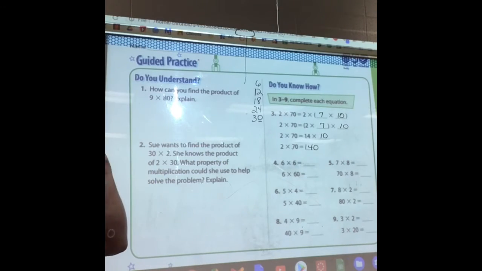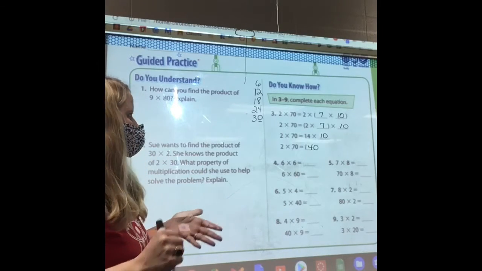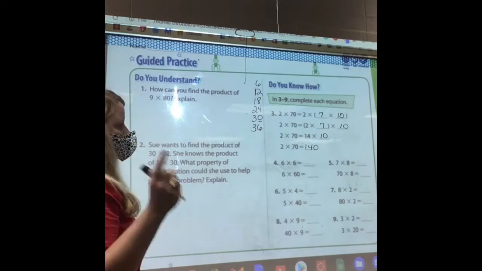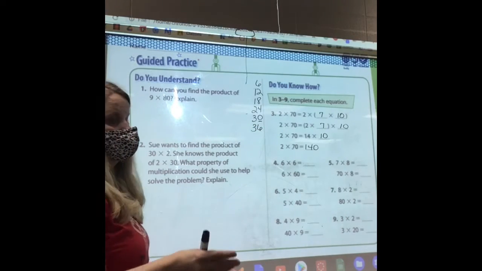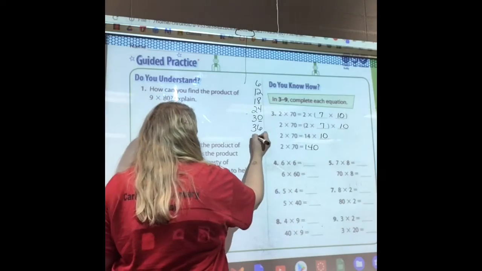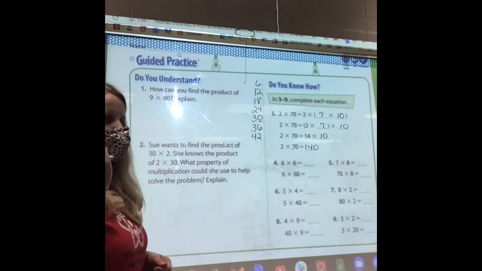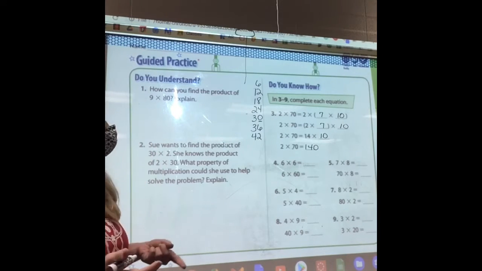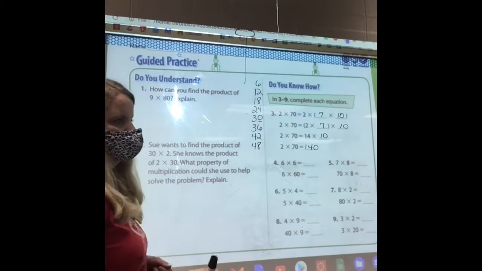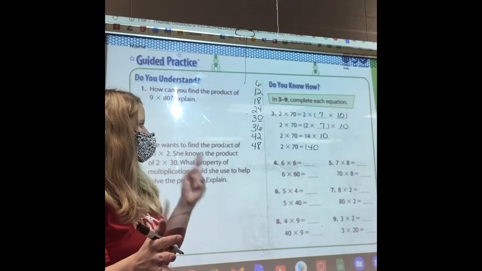Ready? 31, 32, 33, 34, 35, 36. 37, 38, 39, 40, 41, 42. 43, 44, 45, 46, 47, 48. 49, 50, 51, 52, 53, 54.